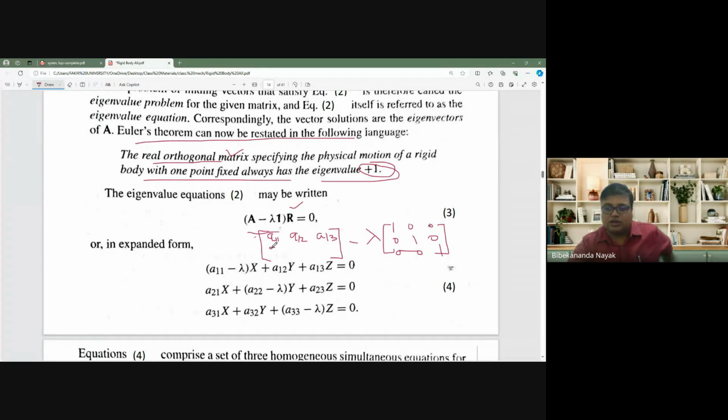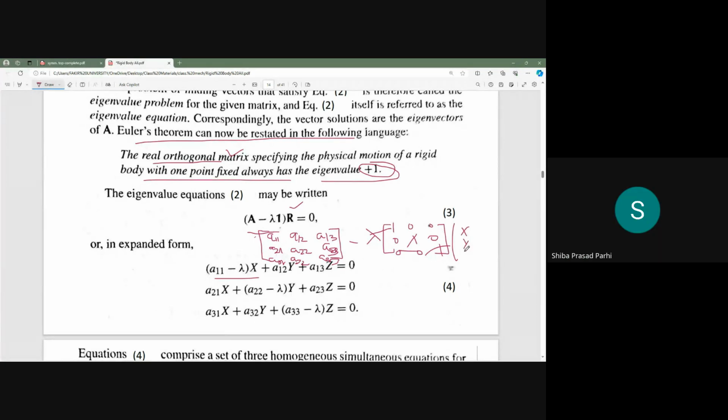Lambda appears only on the diagonal, the others are 0. So only A11 minus lambda, and so on. Then you multiply with R, meaning X, Y, Z.